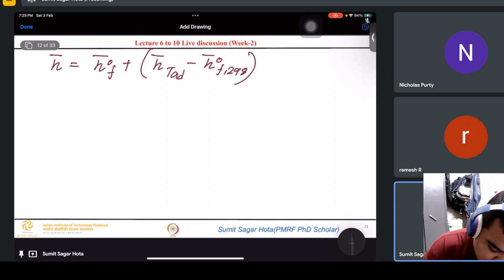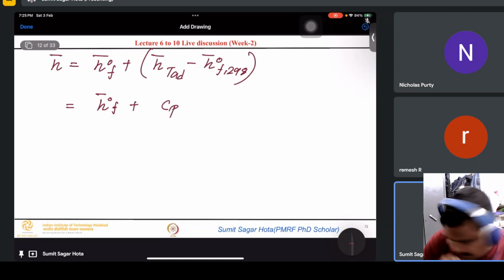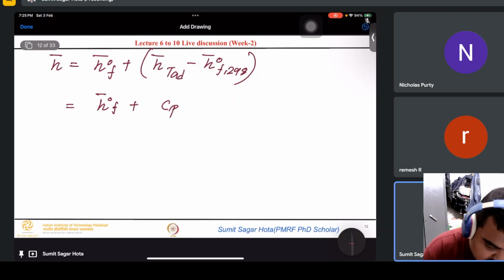For the ideal gas, H is equal to what? Cp delta T. H is equal to Cp delta T. Okay, so that's what I am just saying. What is the temperature? 298.